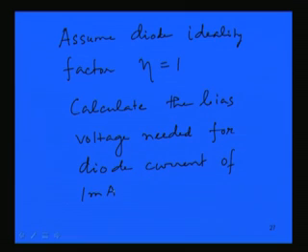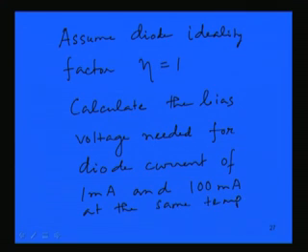What will be the bias voltage to be applied when the diode current is 1 milliampere and also 100 milliampere? So, these three cases: first of all it is given at 10 milliampere, then you have to find out for 1 milliampere and 100 milliampere at the same temperature. Temperature does not change.